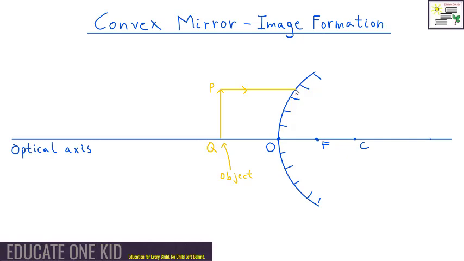So we draw a dashed line from where the light ray hits the mirror. We draw this dashed line towards the focal point. Okay, so remember F here is the focal point of the convex mirror. And the reflected ray travels in the same direction as this dashed line, away from the mirror. So the reflected ray travels like this.